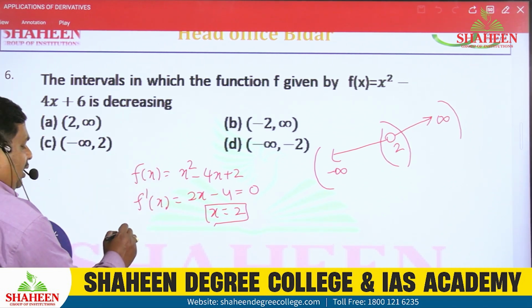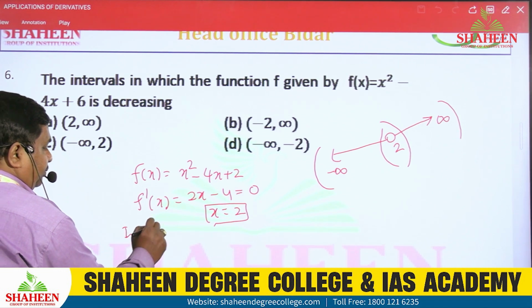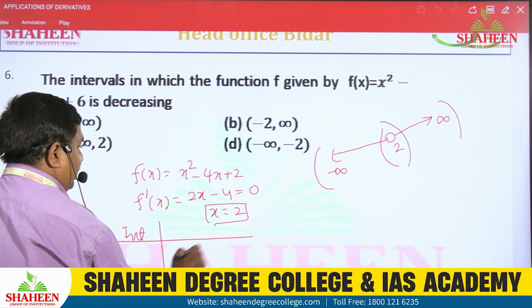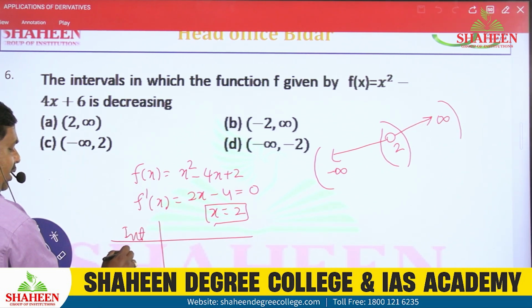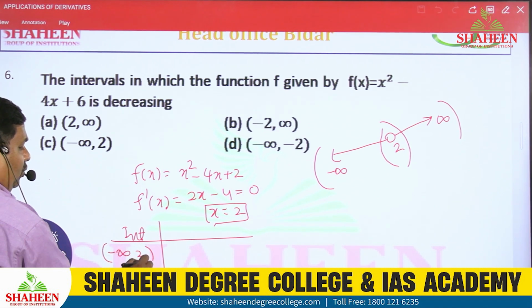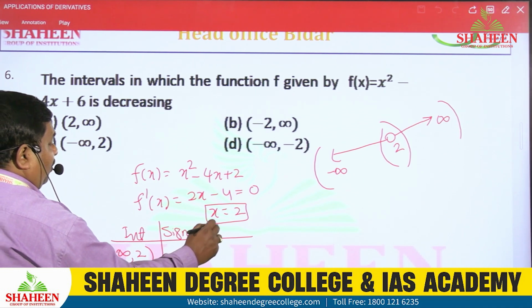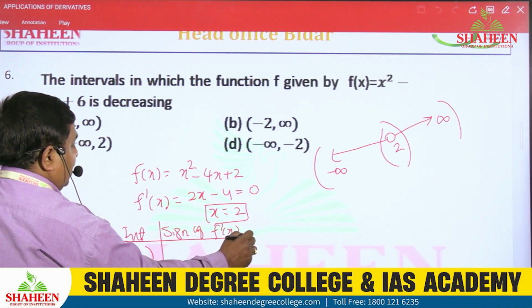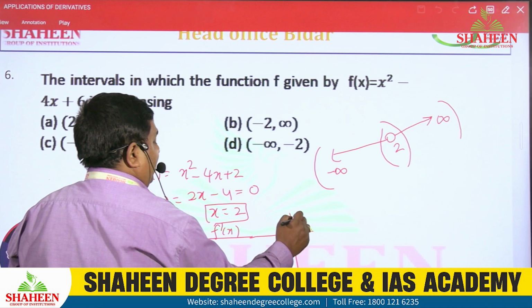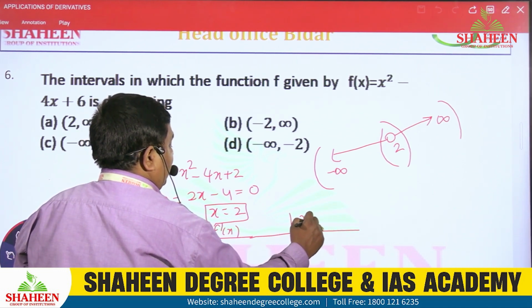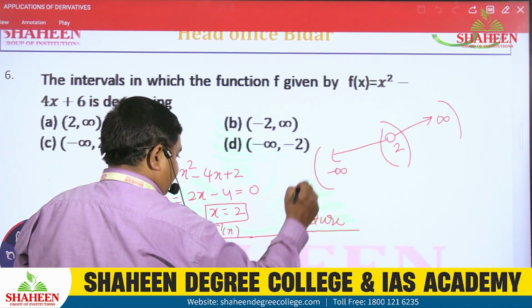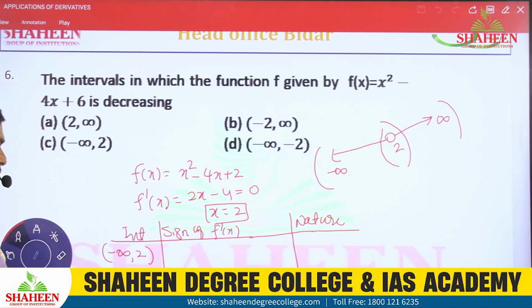So let us take the first interval, that is minus infinity to 2, and we are checking the sign of f dash of x, and lastly we are writing the nature of the function f of x.